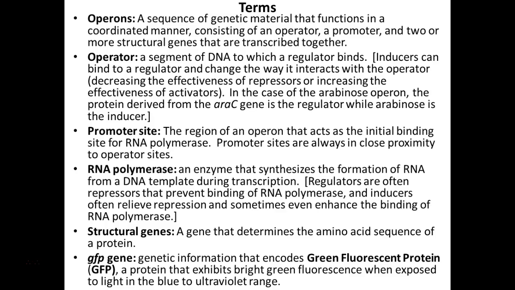In order for DNA to be made into RNA, the enzyme RNA polymerase must be able to bind to the DNA and copy it. If it can't bind and copy it, then you can't make that protein, right? So there's a specific region where RNA polymerase binds to the DNA, and that's called the promoter. That's not always accessible for RNA polymerase to bind to.